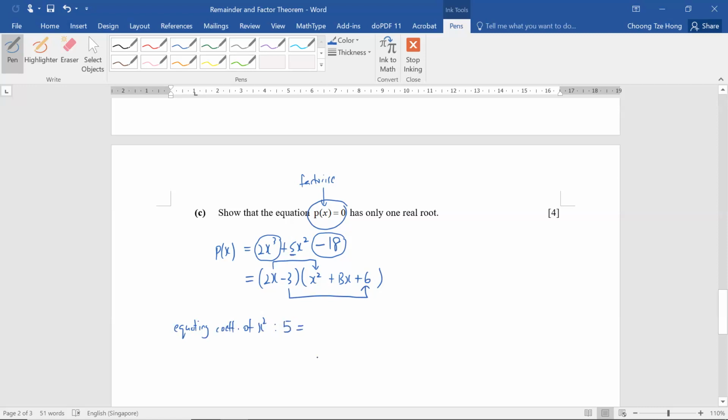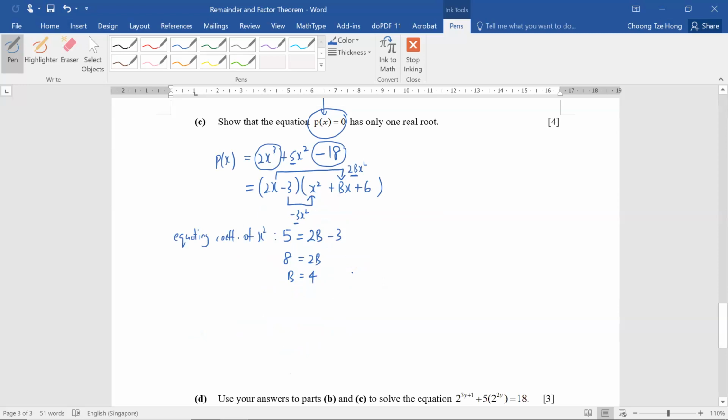Then when we do this multiplication, 2x minus 3 times x squared plus bx plus 6, what are the x squared terms? 2x times bx gives 2bx squared, so 2b is a coefficient. Another one is minus 3 times x squared, which gives minus 3x squared, so minus 3 is a coefficient. In other words, 8 is equal to 2b, so b equals 4.